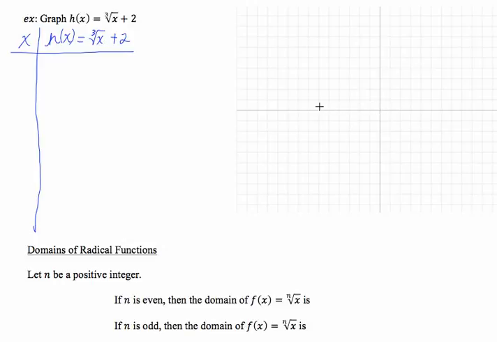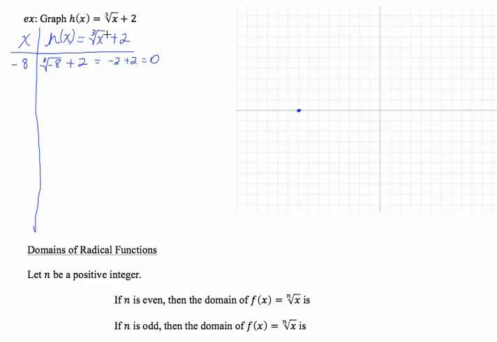Okay, so we would have the cubed root of negative 8 plus 2. The cubed root of negative 8 is negative 2. Then plus 2 gives me 0. So I have negative 8 comma 0. Right about there.